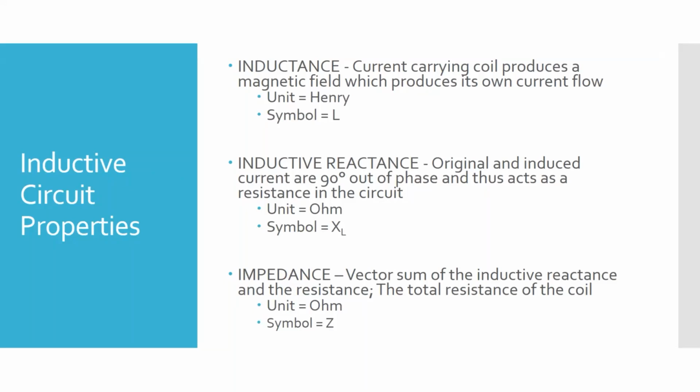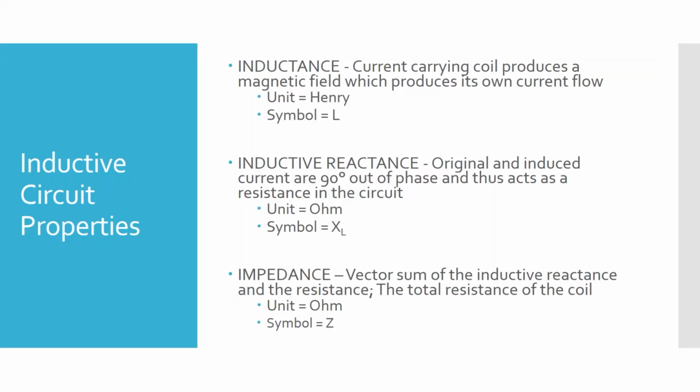Now, in addition to that, when you run current through the wire, it's going to build up a magnetic field around that wire or around that coil of wire. That magnetic field is then going to try to send a current back into that same wire. So first you're creating a magnetic field by running current through a coil of wire.